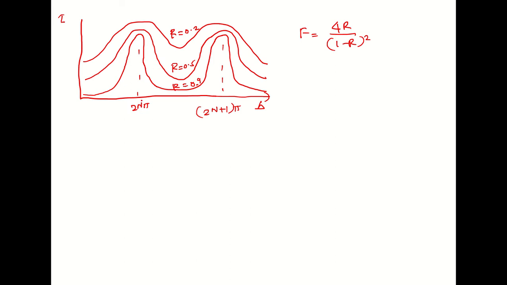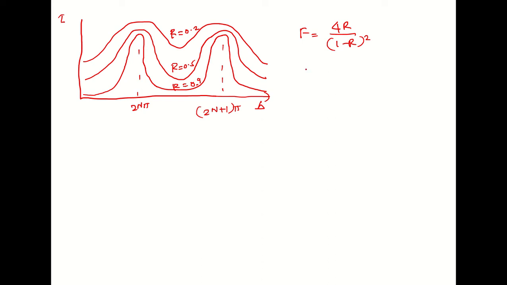So 2n pi means what? If you consider the equation, 1 plus F sine square delta by 2 raised to minus 1, which is an integral multiple of pi. If the reflectance R is very small, then F will be very small.